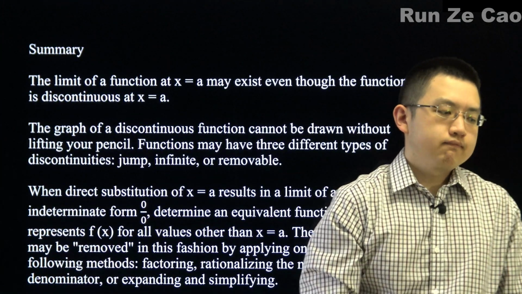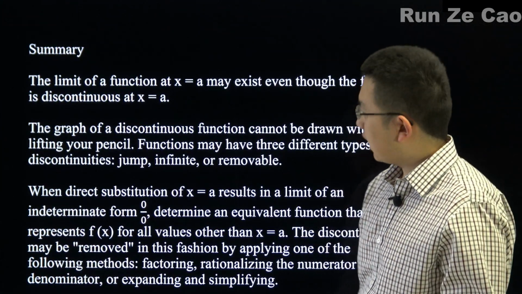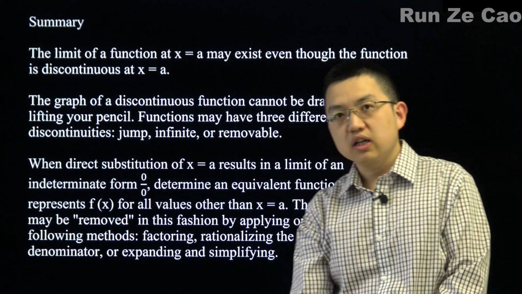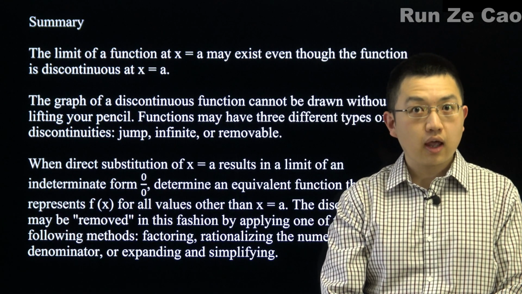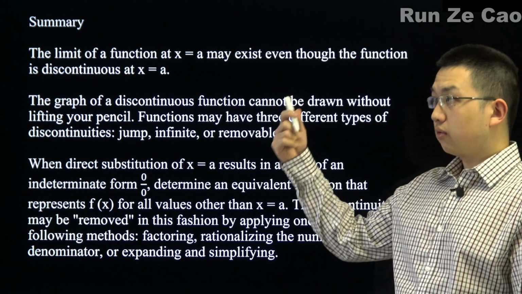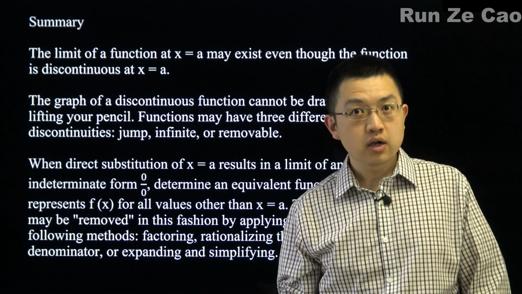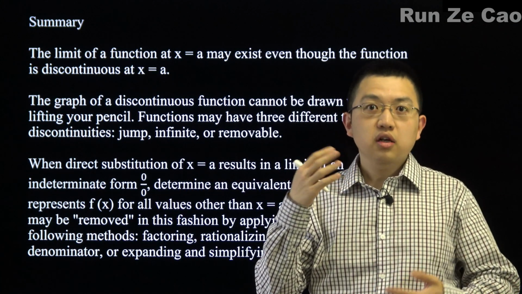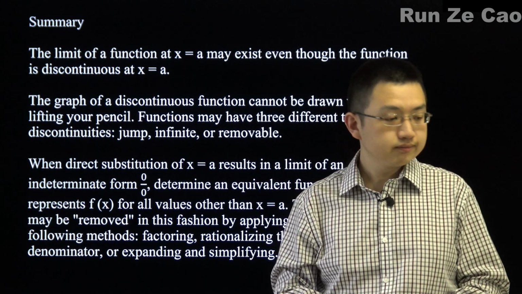In summary, the limit of a function at x equals a may exist even if the function is discontinuous at x equals a, such as with a removable discontinuity. On the other hand, with a jump discontinuity, the limit doesn't exist at that value.